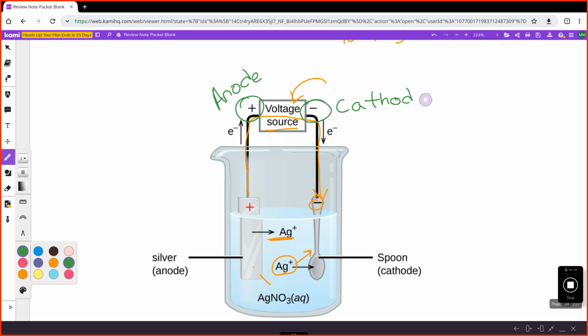And so we would be able to tell that the silver bar is being oxidized and the spoon is where reduction is taking place.